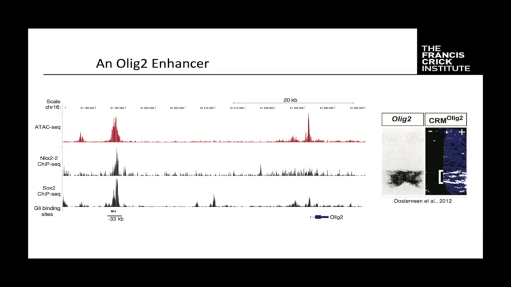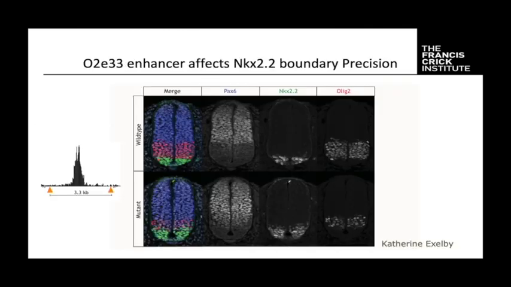And this regulatory element is accessible and binds several of the transcription factors that I introduced to you. So what we did is just delete this regulatory element in mouse embryos and look at the effect of this on gene expression in the neural tube.